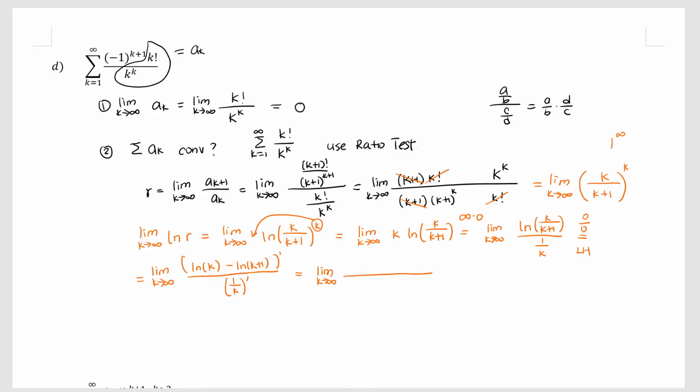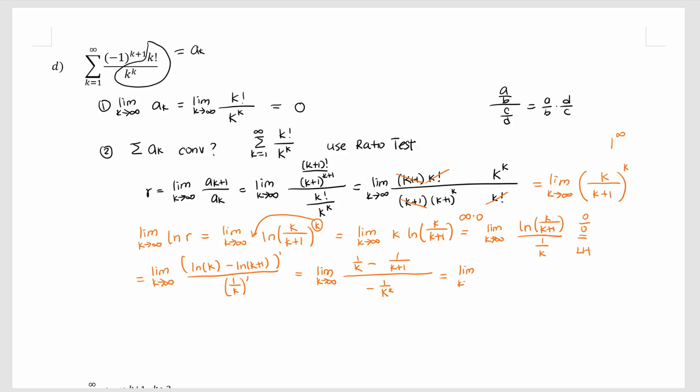So now what do we get? The derivative of ln of k is 1 over k. The derivative of ln of k plus 1 is 1 over k plus 1 times u prime, but u prime is k plus 1 prime, which is also 1. And the derivative of 1 over k is negative 1 over k squared.